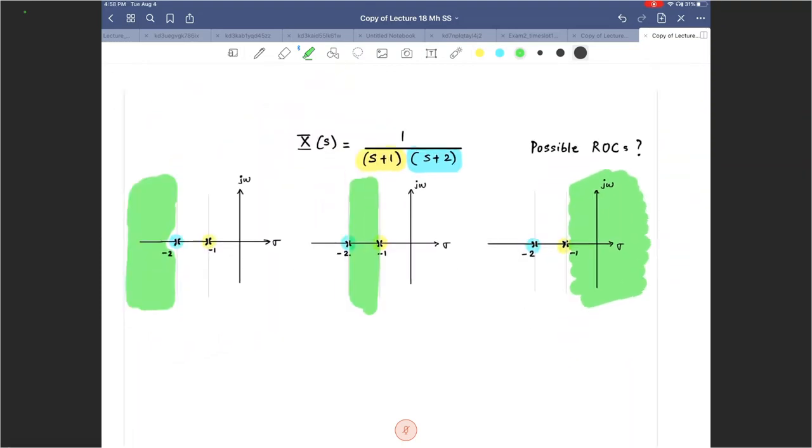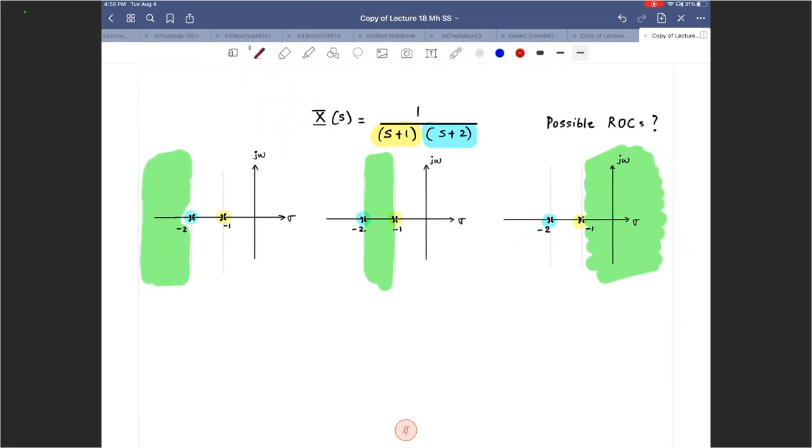So for these three regions, when are they going to be which one? So for example, all the way to the left, we have region of convergence as real part of s less than -2, which means that the signal is left-sided.